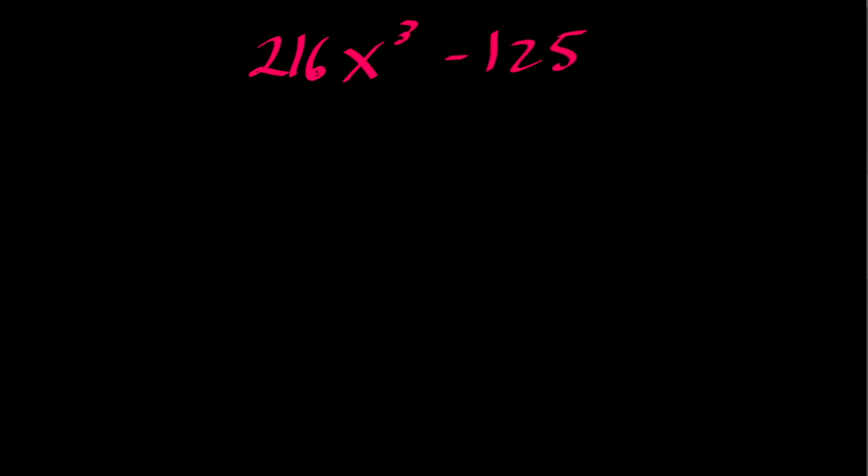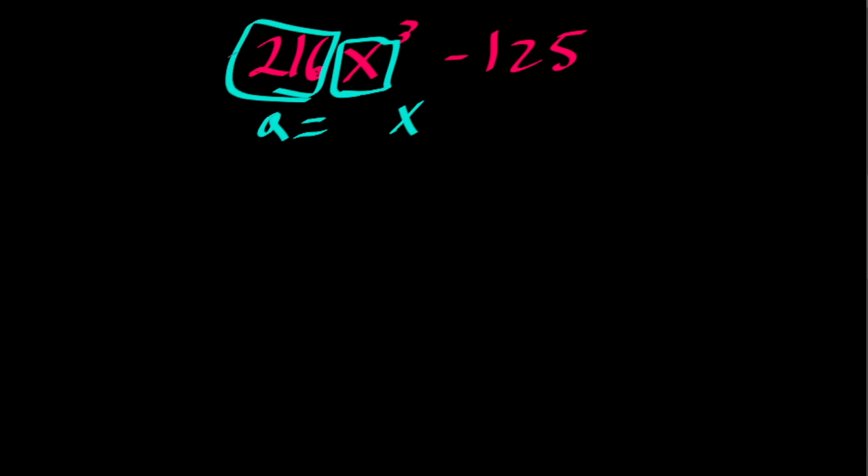All right, so now basically what we want to do here is look for two terms. Then we spot that this is x to the third, so part of your a value is going to be x, but we also now have a coefficient. So now I need to say, okay, could I rewrite 216 as a number to the third power? And I could. It would be 6.